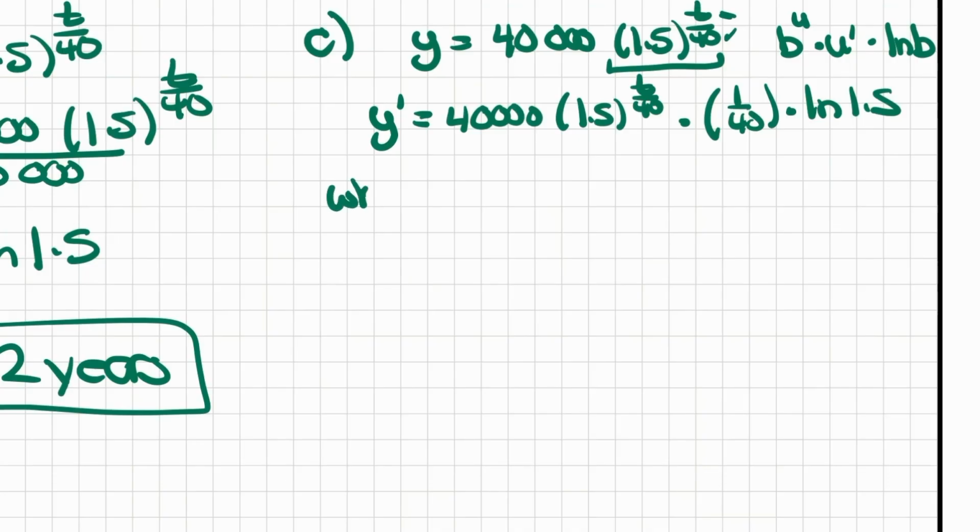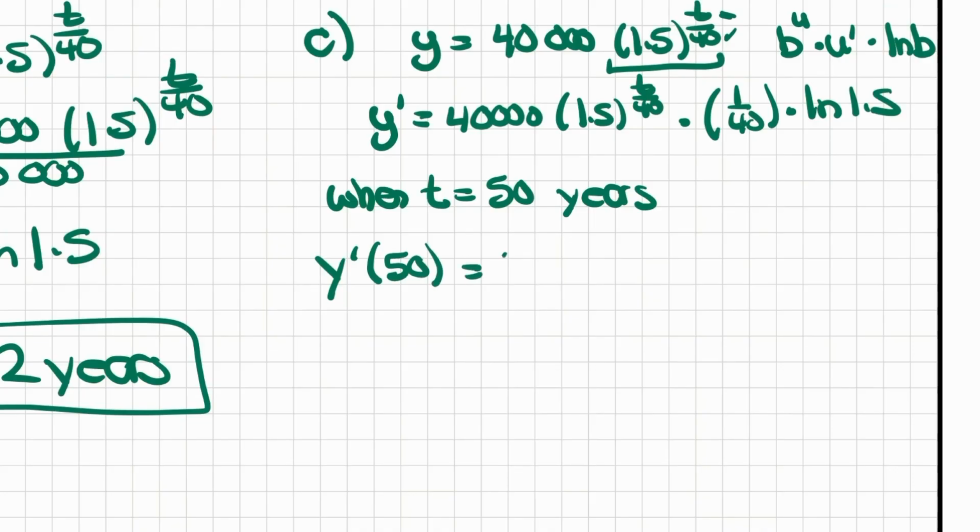So when t is equal to 50 years, now we can go ahead and sub in. What will our derivative be? What will that rate be at 50 years?